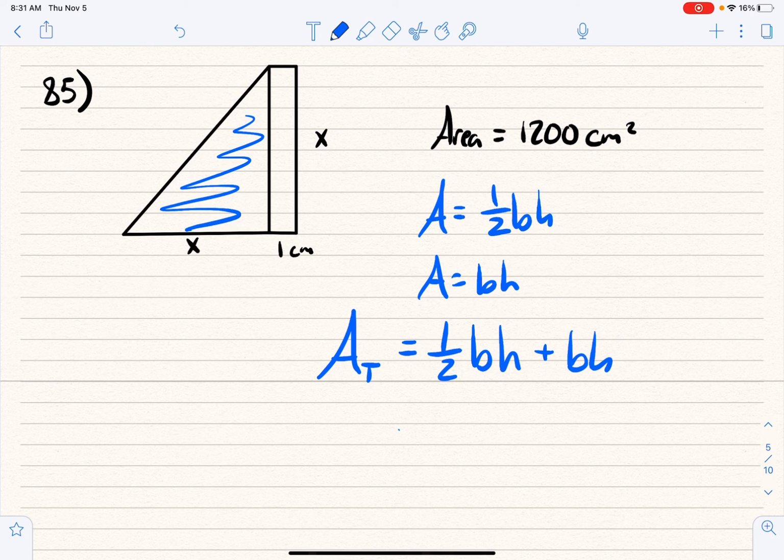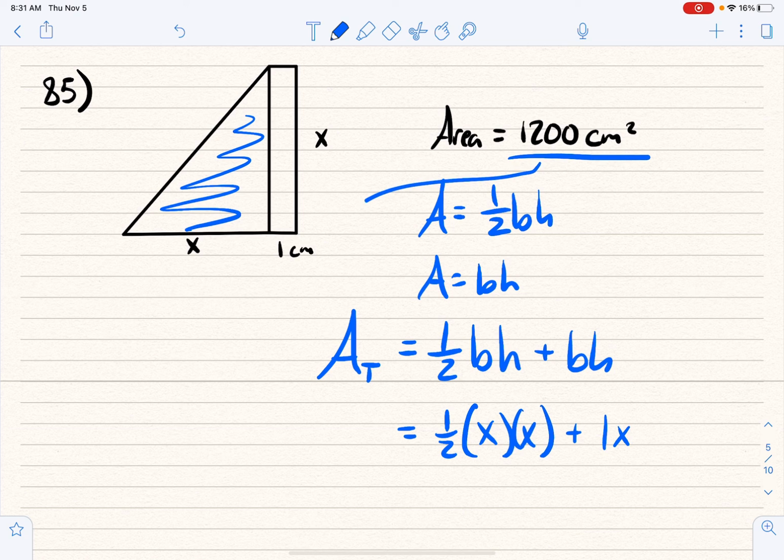And so then let's see what that is. 1/2, well, the base and height of the rectangle, or sorry, the triangle is x and x. The base and height of the rectangle is 1 and x. And we know that the total area is 1200. Let's not make a mistake again on that one. Okay? And so then there's my problem.